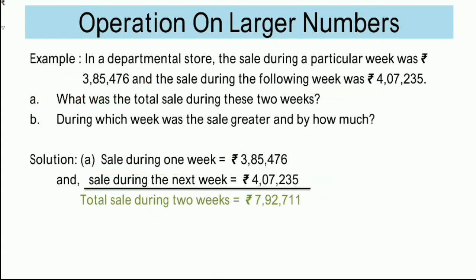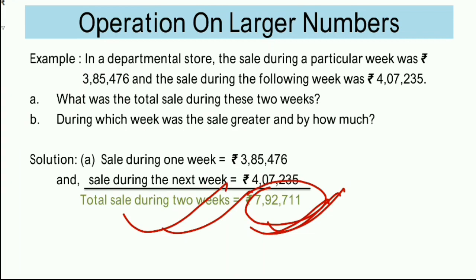So this is the total sale of those 2 weeks. I hope that you understood. I am repeating again and again that use the statement while solving the word problems. So question number A we have understood.